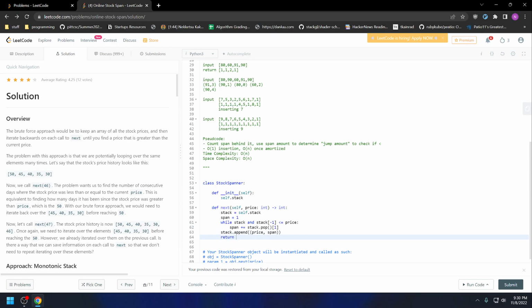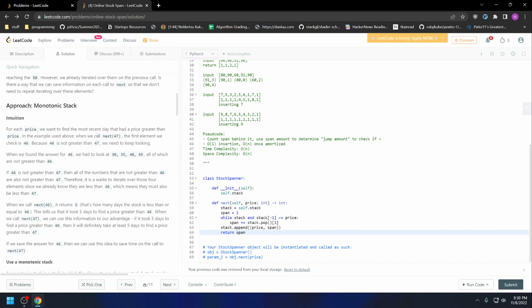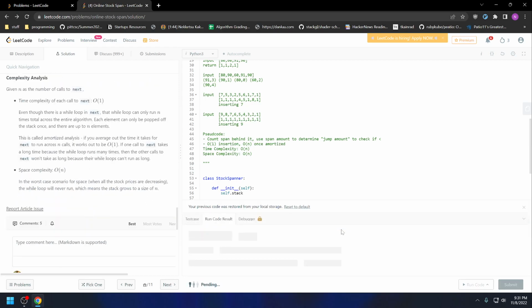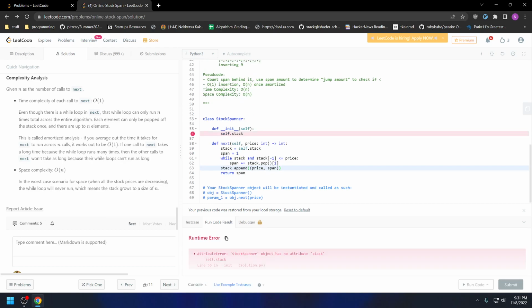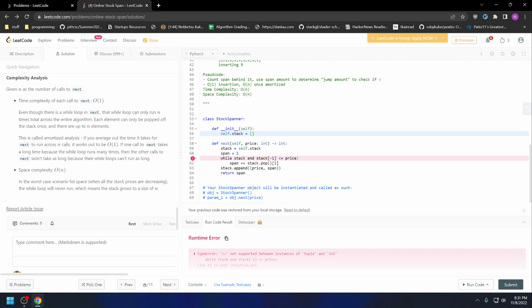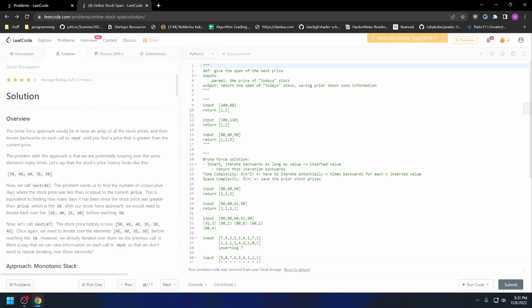Return span. Yeah, so that is the answer. Yep, that's right. Apologies. Made a little bit of a mistake there. Stack minus 1 at 0. Try to refresh. Okay.